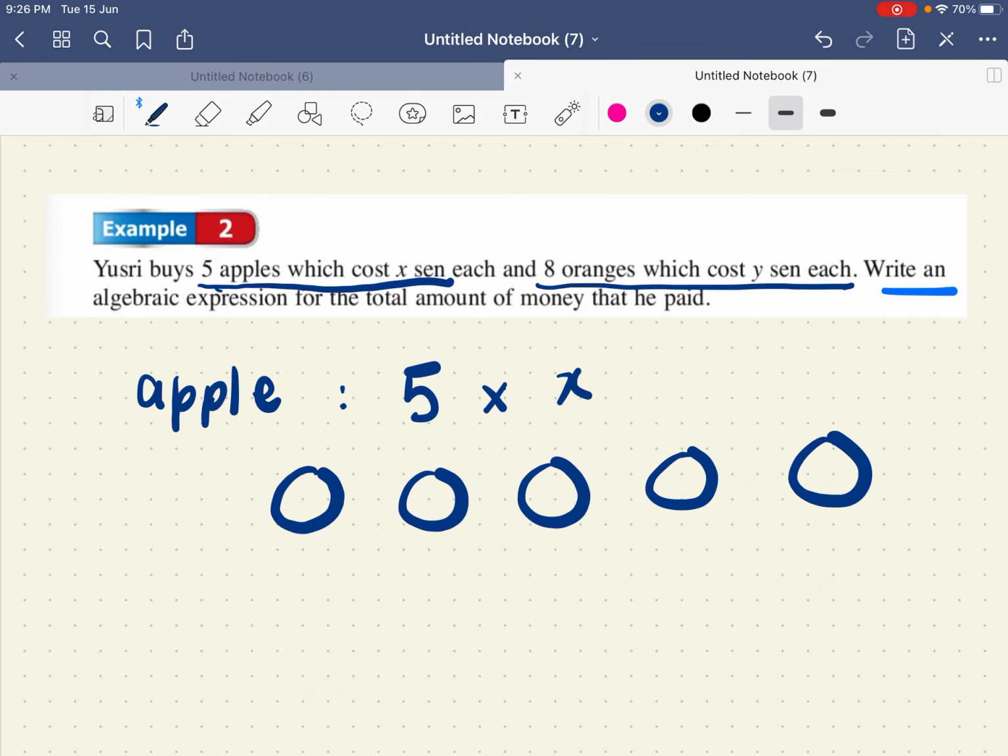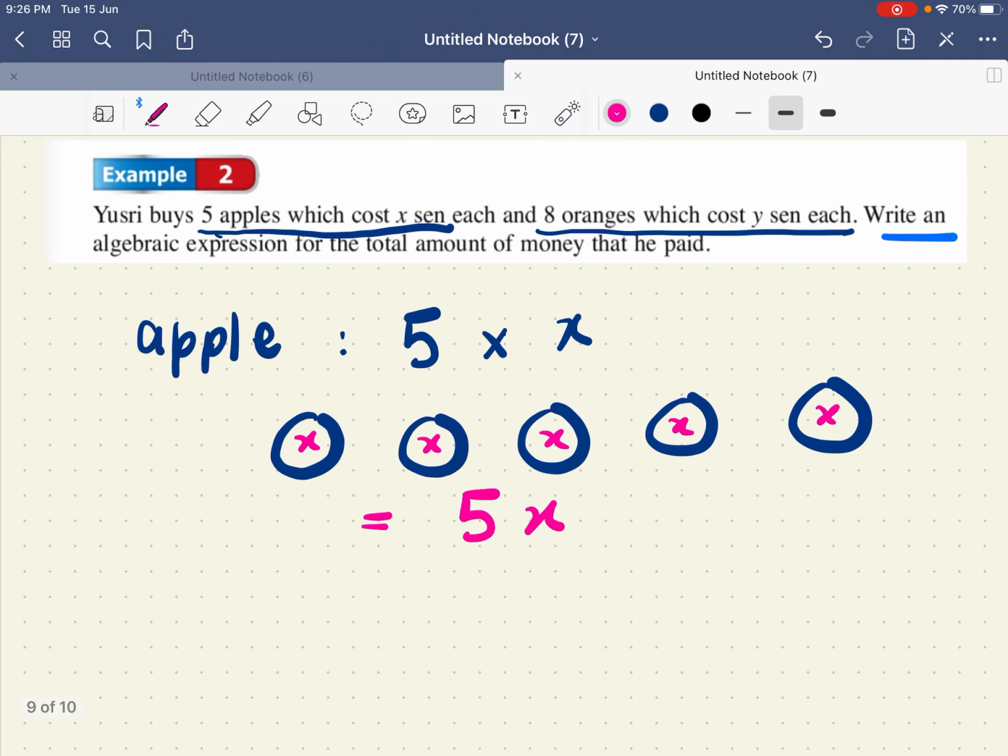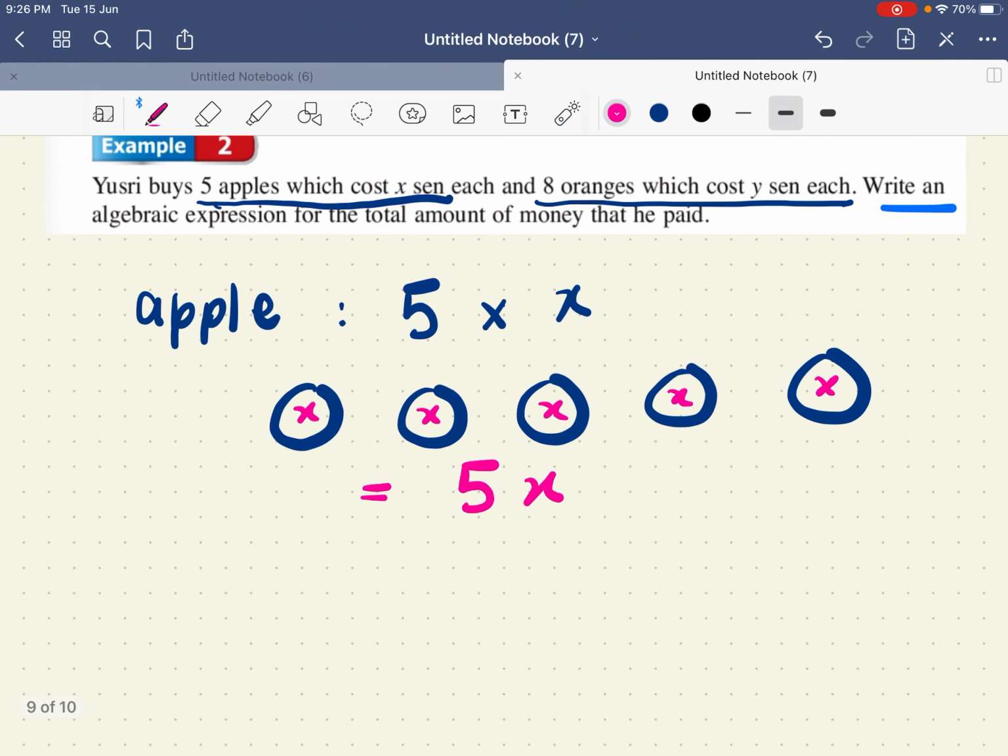Ni cara lambat lah ni. Okay, X. Ada 5 ketul X. So, apple adalah 5X. Kenapa kita boleh tambah ataupun darab diorang ni? Sebab semua tu adalah X yang sama. Harga sama.